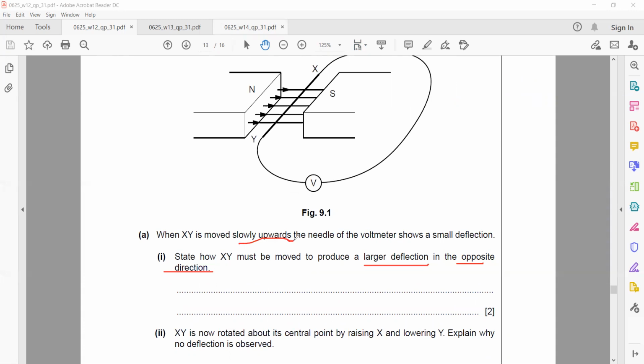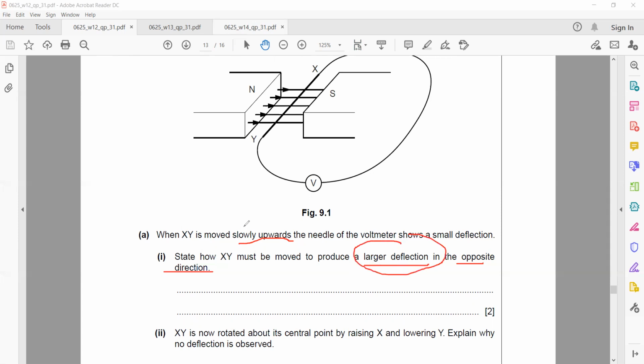The wire is slowly moved upward. So what should I do to the wire to produce a large deflection but in the opposite direction? So move it faster but downward, because you have to write both in one sentence here. So larger deflection means move it faster.